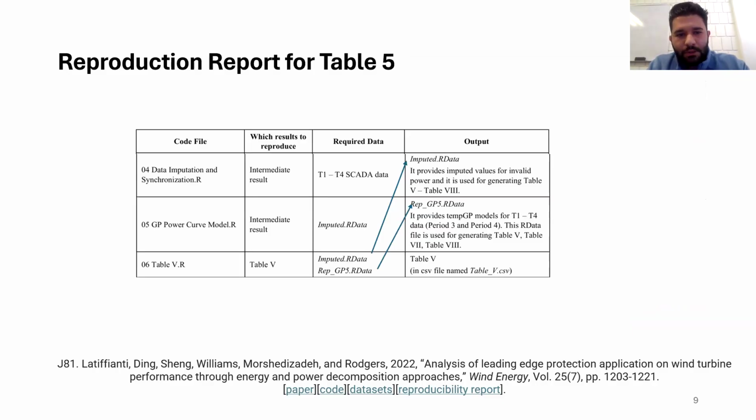The reproduction report helps us see which scripts need to be run first, in advance of the main script of table 5. Here, the required data for table 5 is the imputed R data and repgp5. Those are actually the scripts for data imputation and synchronization, and the GP power curve model. So for reproduction, those scripts need to be run first.